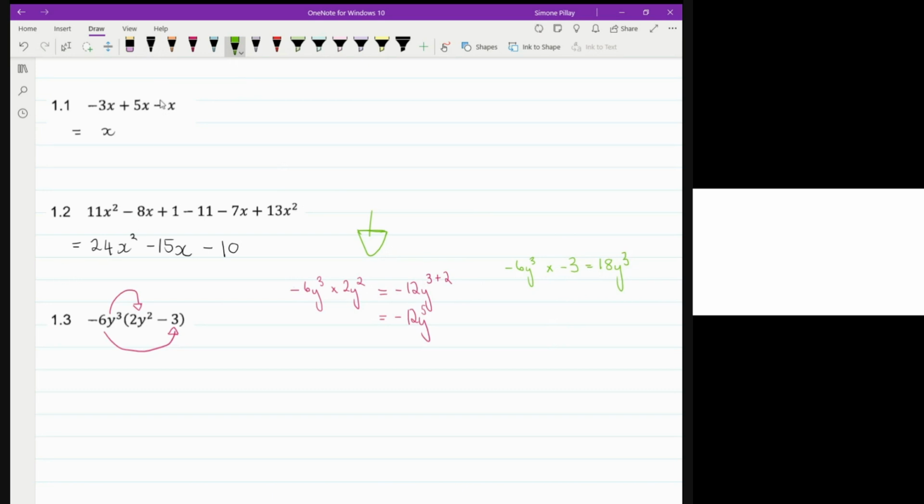Beautiful. Okay, so you guys have helped me. Thank you very much to Tyra and Uma. So we have negative 12y to the power of 5.